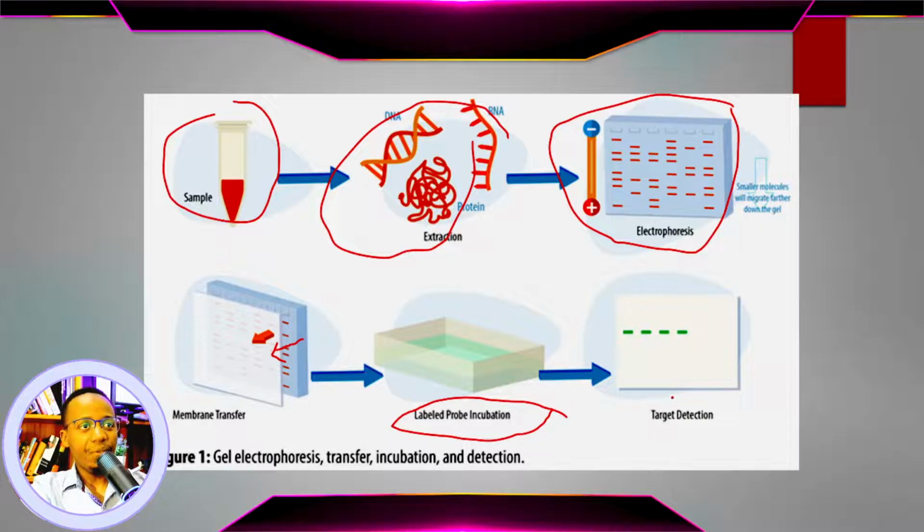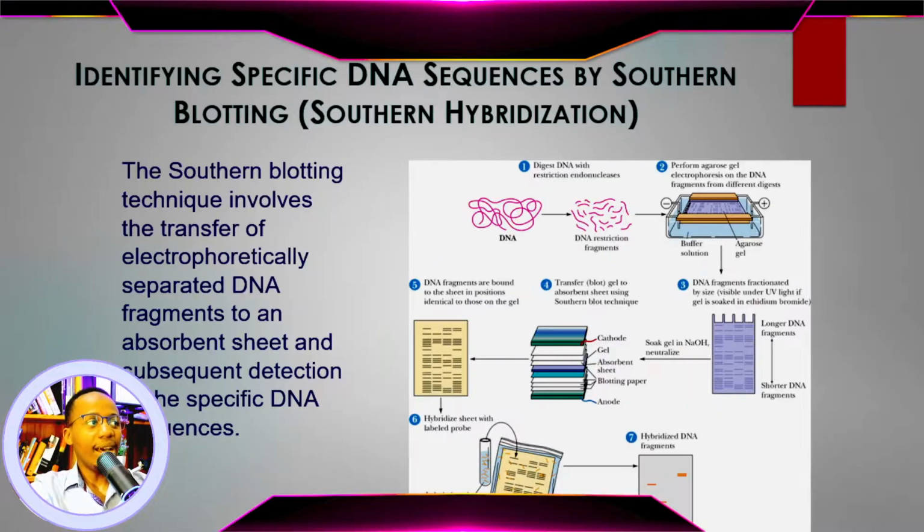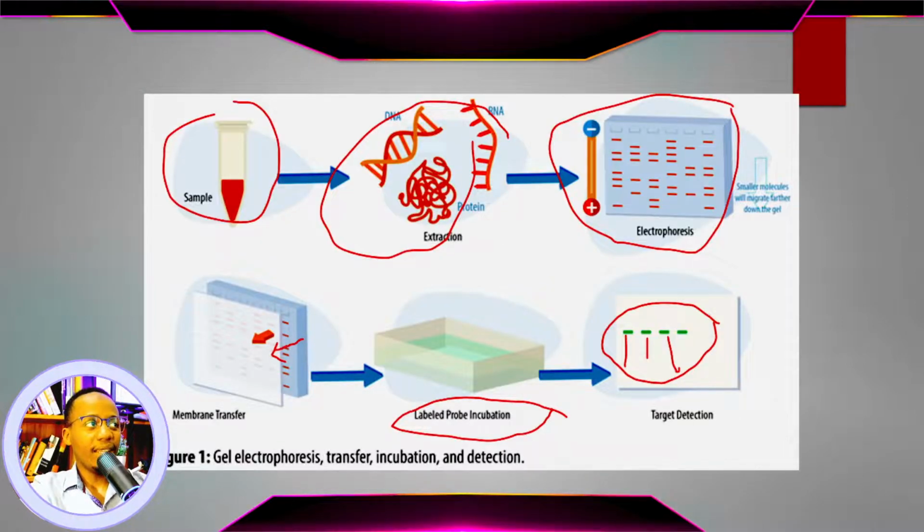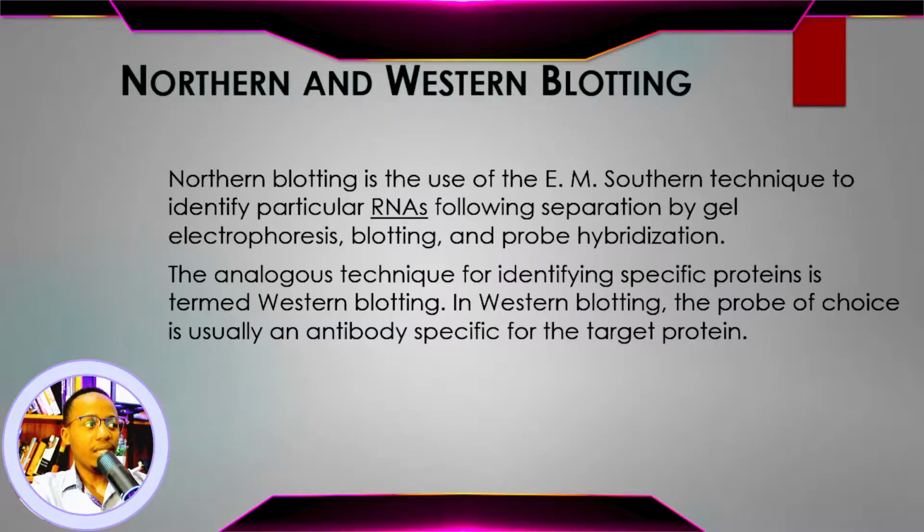And if you see any signal here, you will say, oh, this means my original sample contains the DNA of interest. And obviously you're going to have different samples, and you're going to say, this sample has the DNA of interest, this sample doesn't. Again, this is about DNA, and that's Southern blotting.